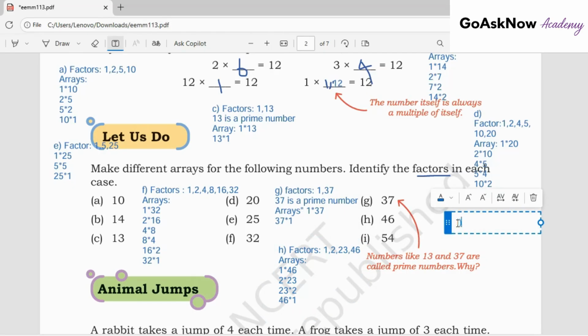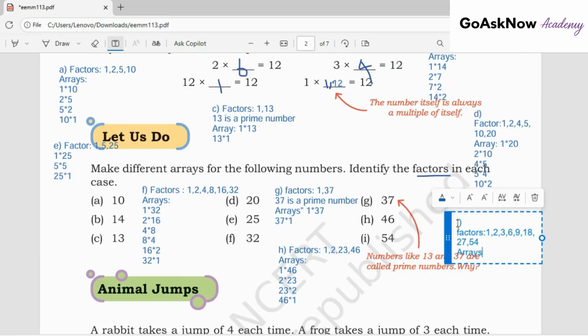Next, I is equal to 54, where the factors are 1, 2, 3, 6, 9, 18, 27, 54.